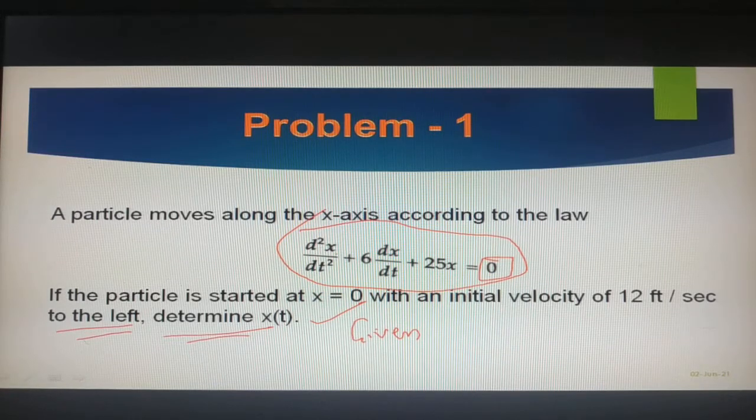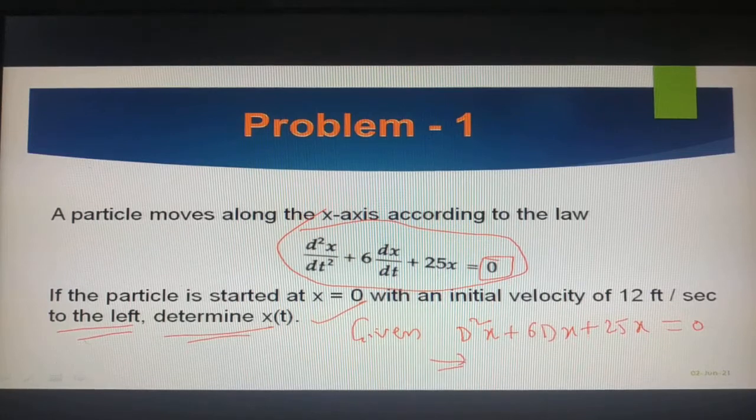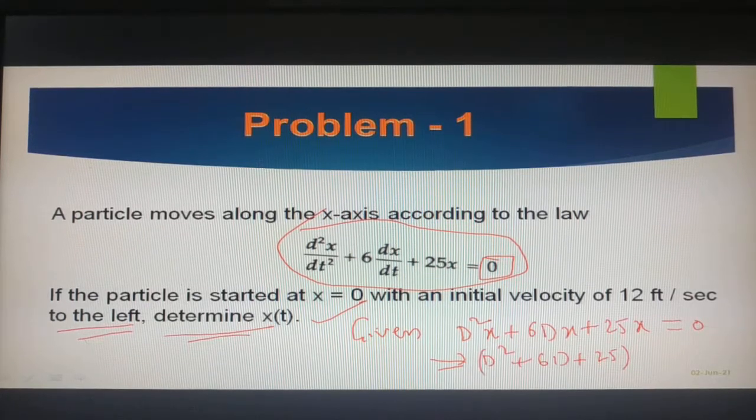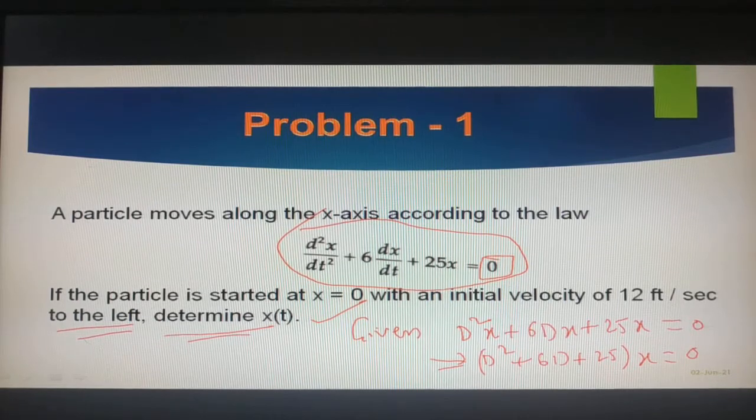I can write it in differential operator form: capital D square x plus 6 into capital D into x plus 25x equal to 0. So we have (D square plus 6D plus 25) of x equal to 0. So we are solving x with respect to t.